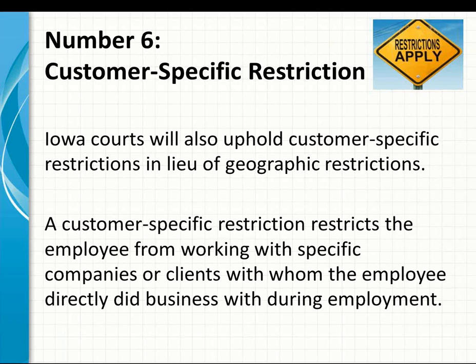You can do this in one of two ways. You can attach a specific list of customers to the non-compete agreement, or you can be more vague and simply say any and all customers that the employee came in contact with during their employment and did business with, or something like that.